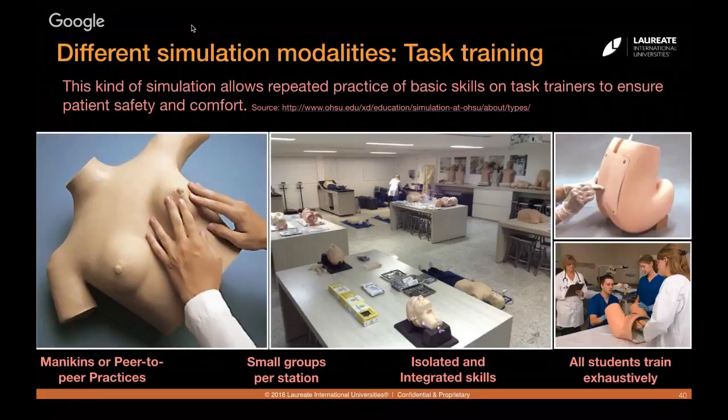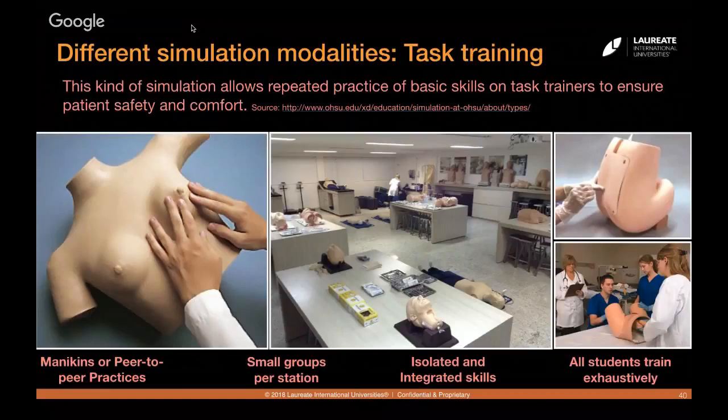And here we can get the students prepared to the more complex experience, which are the scenarios experiences. So here, all students are going to train all procedures exhaustively. So this is a very important word when we talk about test training.